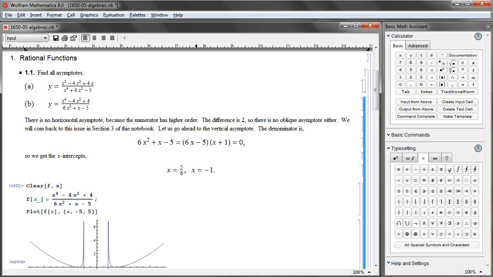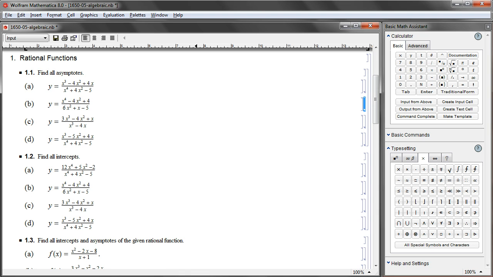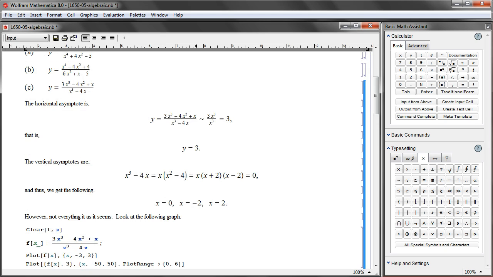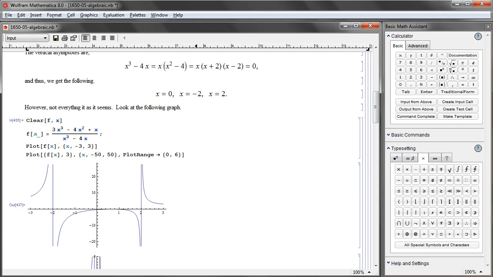How about the next problem here? 3x cubed. In that case, if I take the highest order term and disregard the rest, I'll end up with the constant 3, and y equals 3 will be my horizontal asymptote.